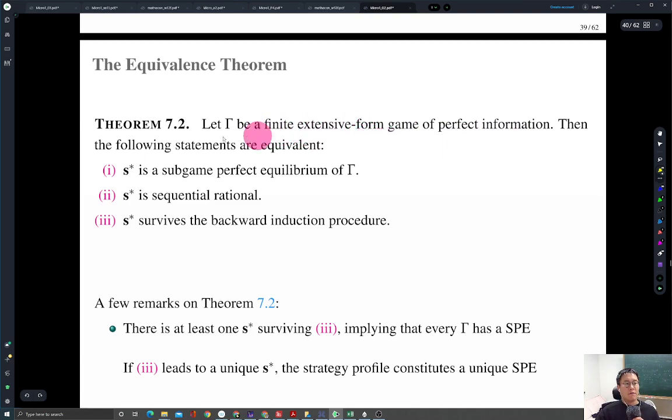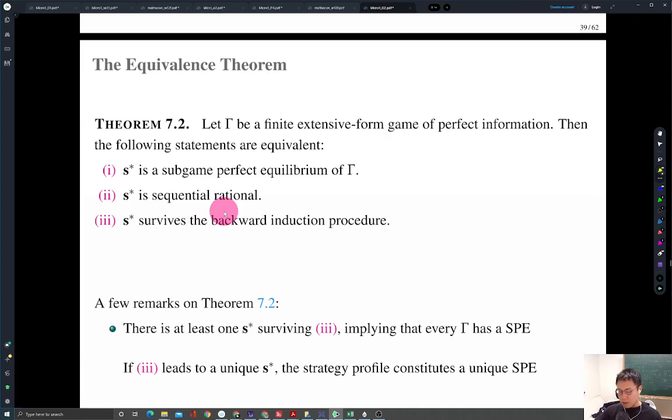And the following statements are equivalent. One strategy profile is a subgame perfect equilibrium if and only if that strategy profile is sequentially rational, and if and only if that strategy profile survives the backward induction procedure.